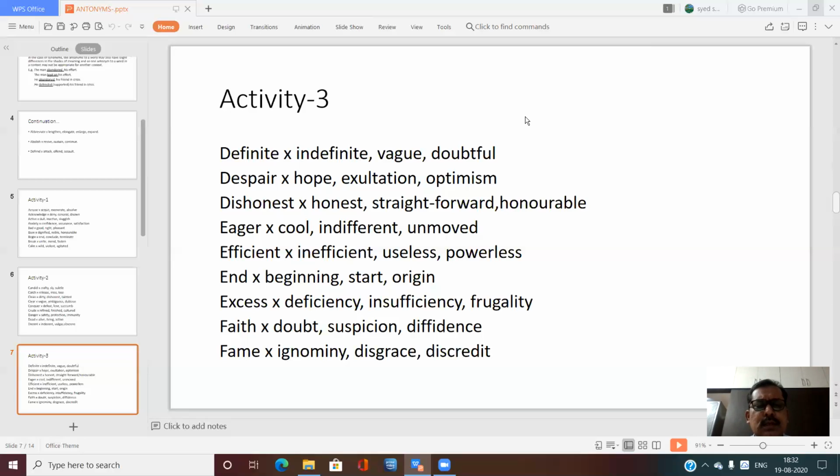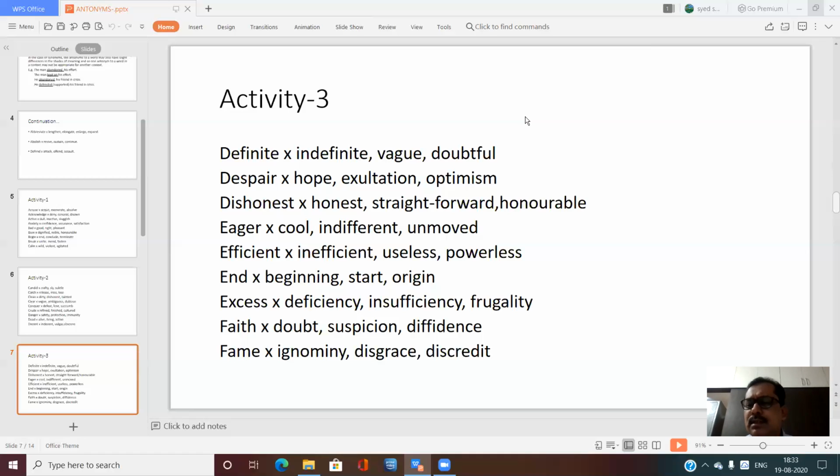Excess, opposite words: deficiency, insufficiency, frugality. Faith, opposite words: suspicion, diffidence.